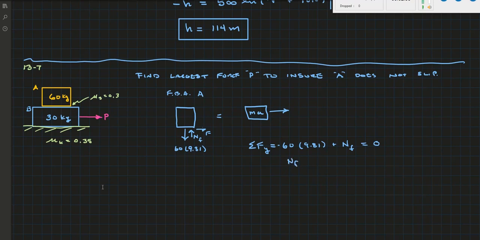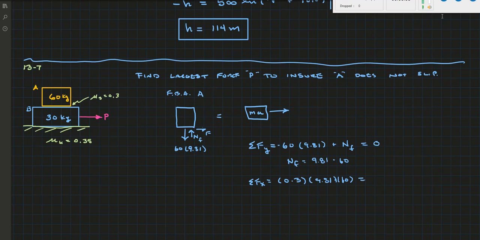So our normal force equals 9.81 times 60. Now we can sum forces in the x and use that value in our friction. We'll have our coefficient of static friction of 0.3 times the normal force, 9.81 times 60, and that's it.